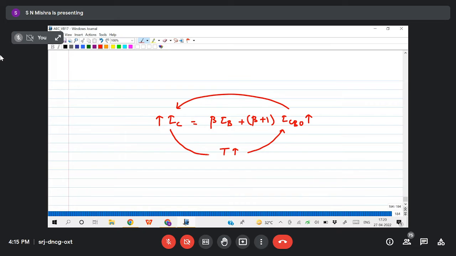That heat results in more increase in temperature. So this is like a cumulative process, like a chain reaction. If that starts, then after some time a condition will come where a huge amount of current and heat will develop across the transistor and the transistor may burn. That condition is called thermal runaway.